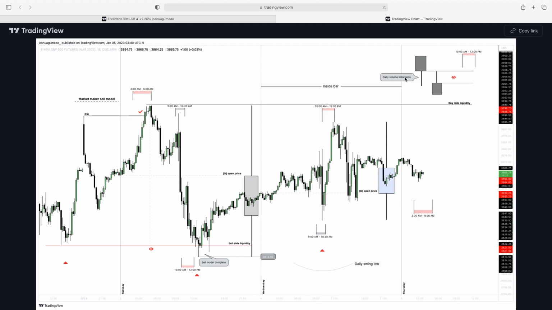This is where my draw on liquidity was, and where I was looking for price to draw up into. That's my draw. So my focus is up here. Anything that happens between Thursday and Friday, I know we're going to draw up here. And I have confidence that we'll draw up here because this would be the big range move happening after the inside bar on Wednesday.